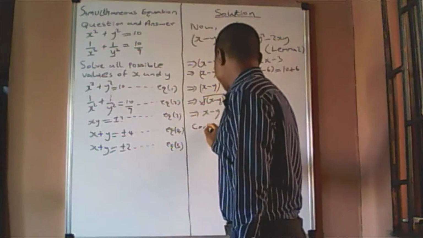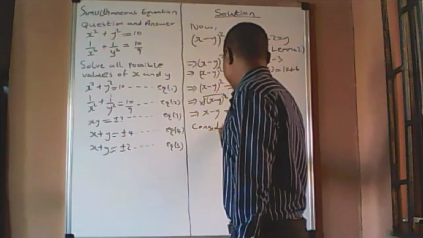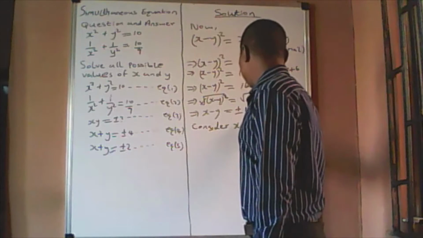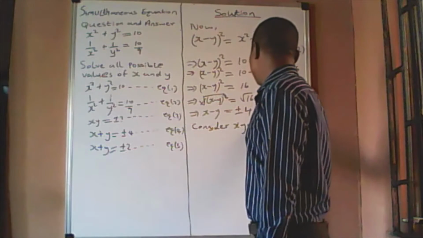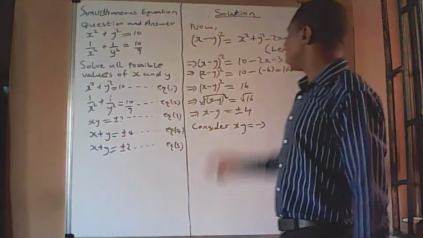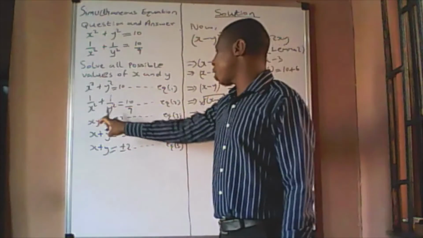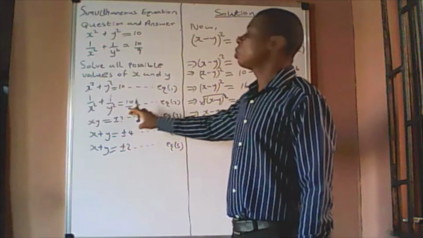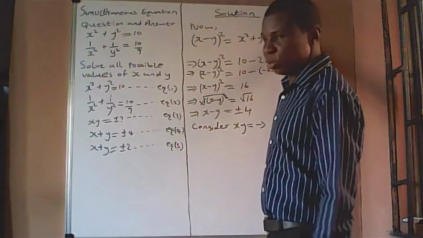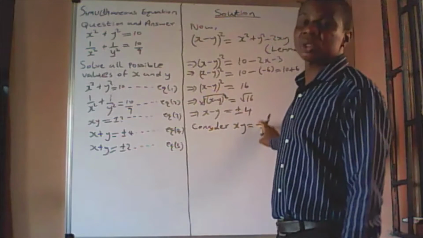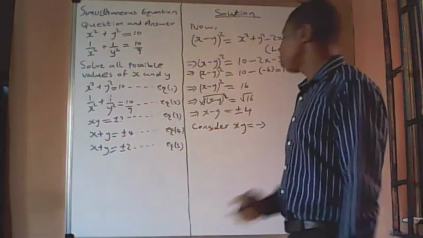Consider x times y equal to minus 3 in this lemma 2. I already considered x times y equal to plus 3 in the same lemma 2. Now we are going to consider x times y equal to minus 3 in this lemma 2.